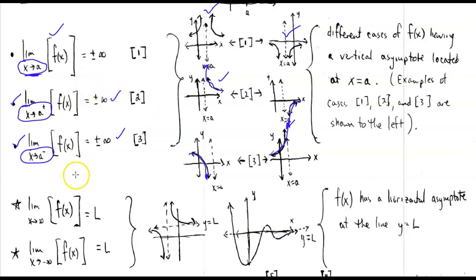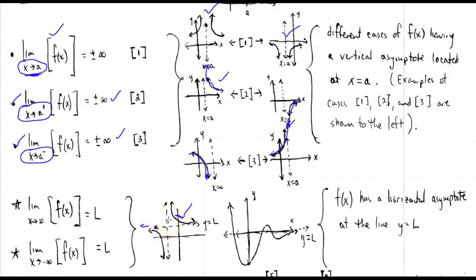So in the case where the limit of the function as x approaches positive infinity is going towards a particular real number, then that means it's approaching a horizontal line. This is what it looks like when x approaches positive infinity, here and here. And of course, this particular function also displays what happens when x approaches negative infinity as well.